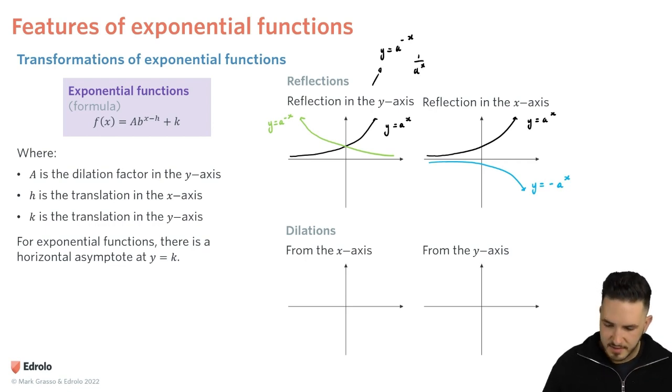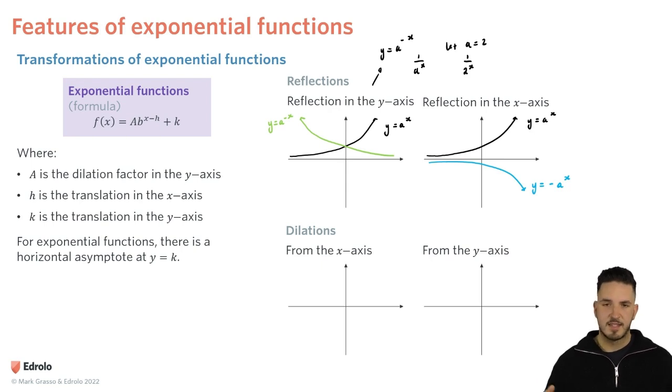So in that instance, if we think about what a may be, let's say a equals 2, you would have 1 over 2 to the power of x. So basically, as x gets bigger, you're raising 2 to a bigger number. So if you had a half to the power of 1, it's a half. If you had 1 over 2 squared, it's a quarter. 1 over 2 cubed, it's an eighth.